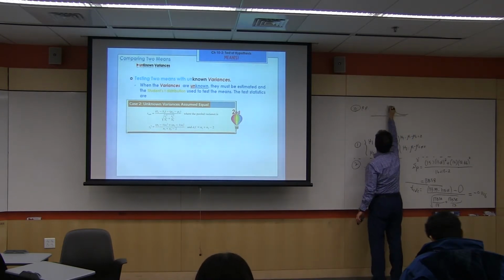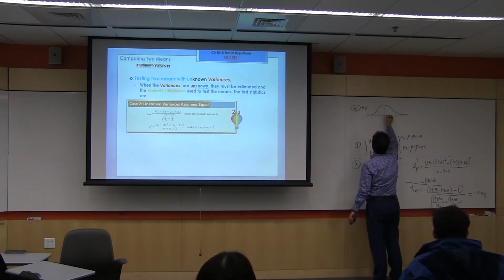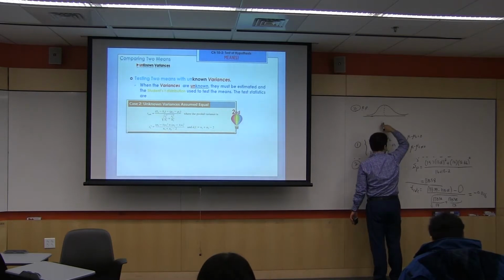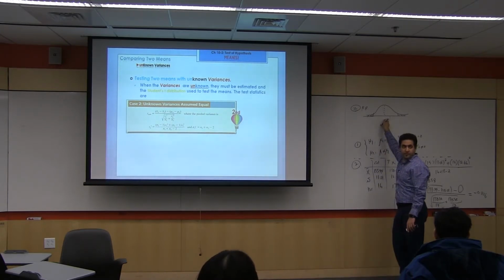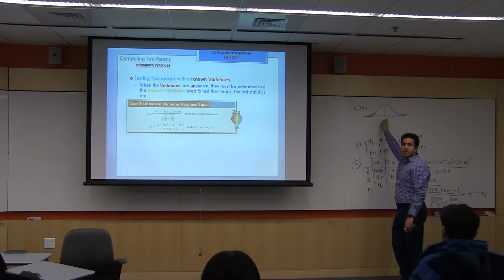This is the T distribution, is that right? Two tail, right tail, left tail. Which one? Two tail. Alpha of 0.05.